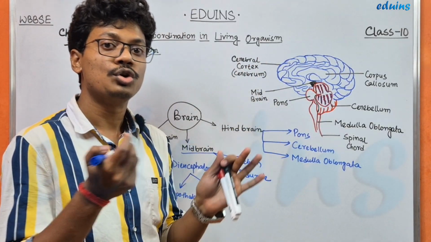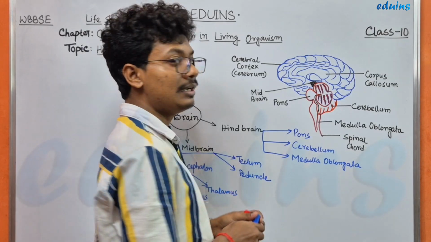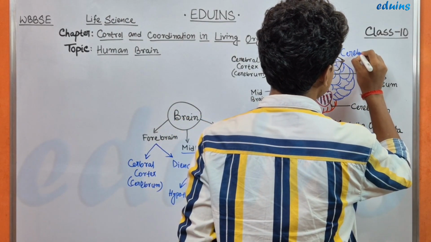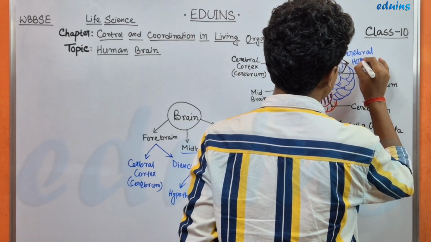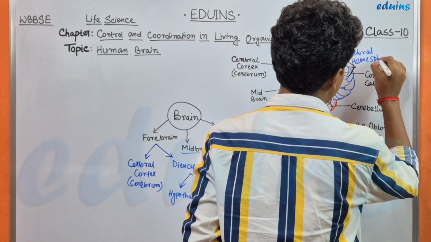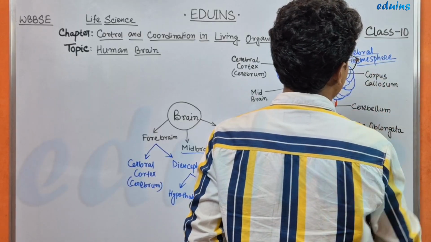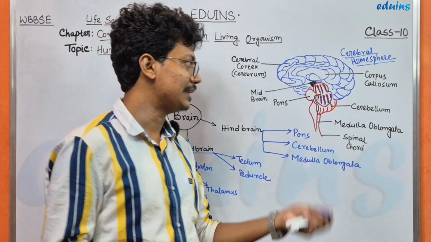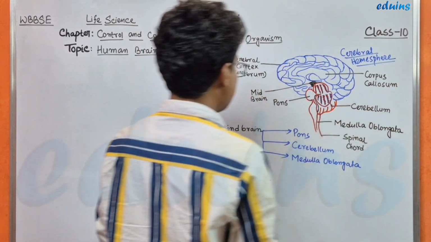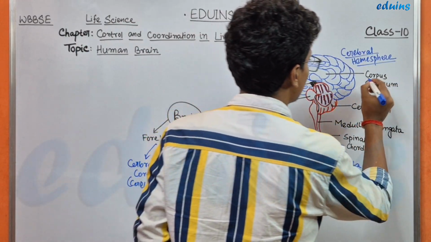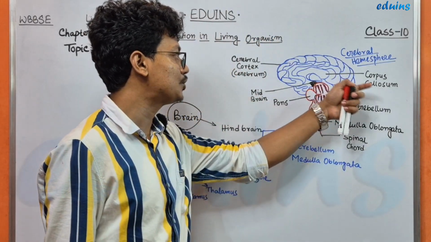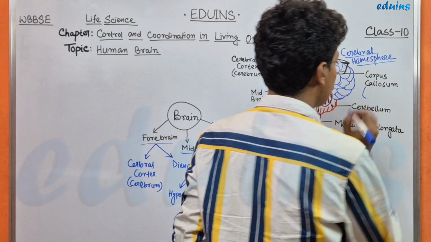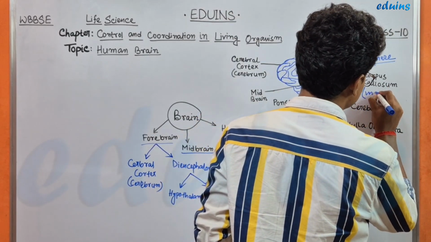It is divided into two hemispheres, called cerebral hemispheres: the right cerebral hemisphere and left cerebral hemisphere. Next, the part which is known as corpus callosum. It is actually part of the forebrain, which is mainly responsible for the memory.